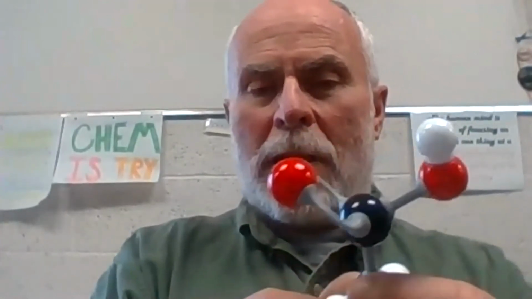OH, right here, like the alcohol. Double bonded O, like the ketone, but they both connect to the same black ball, the same carbon atom. So it is not an alcohol or an aldehyde. It is a carboxylic acid.